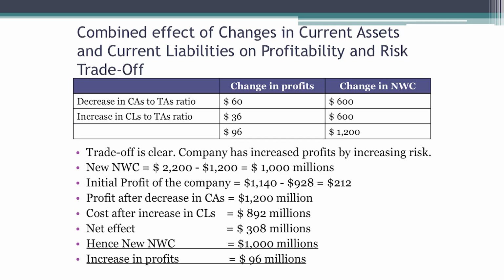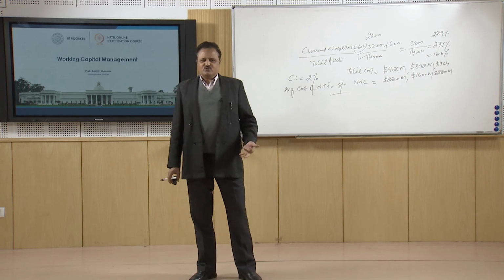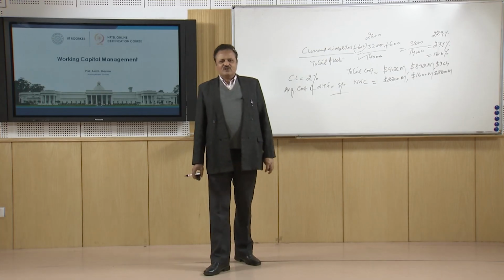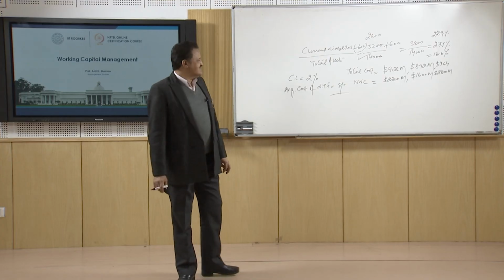Now look at it: when we decrease the level of current assets, or the ratio of current assets to total assets, and we decreased the level of current assets by $600 million, net working capital changed by $600 million, but the increase in profits we could find is $60 million. And when you increase the level of current liabilities to fund the total assets by $600 million, your net working capital also changed by $600 million, and there is a contribution to the profit of $36 million.